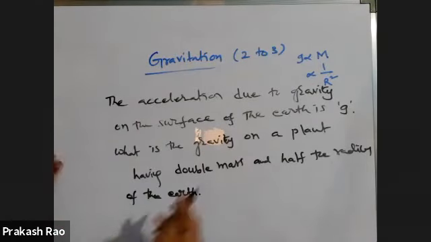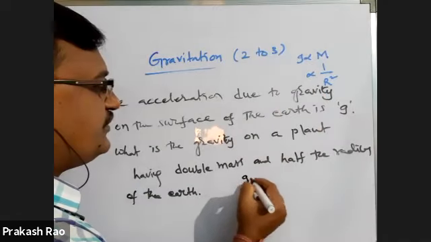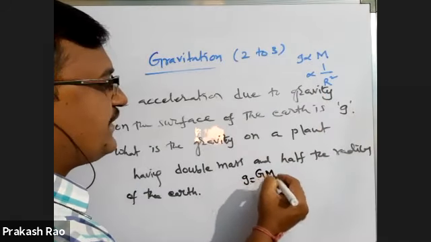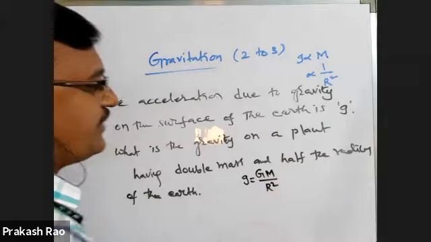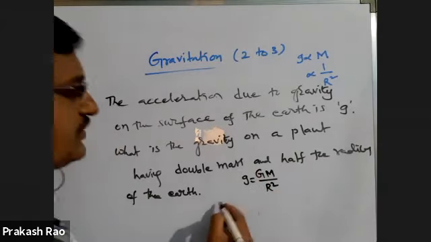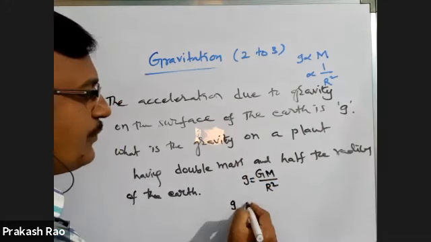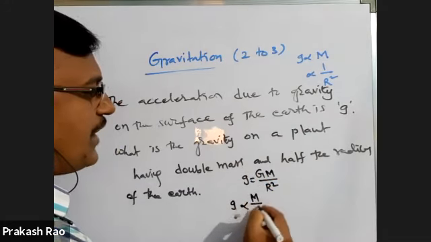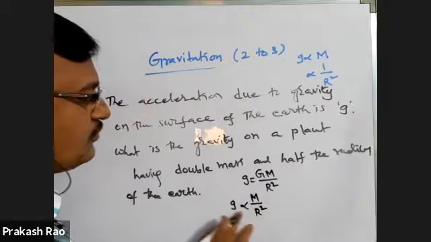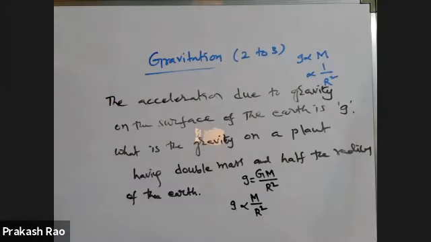You know the relation between capital G and small g. g is equal to GM by R square. G is a constant. Gravity is directly proportional to the mass of the planet and inversely proportional to the square of the distance.